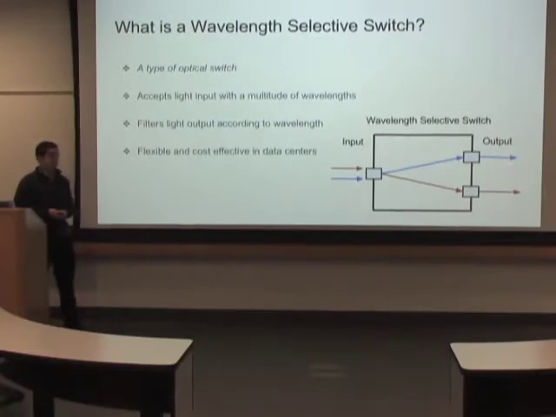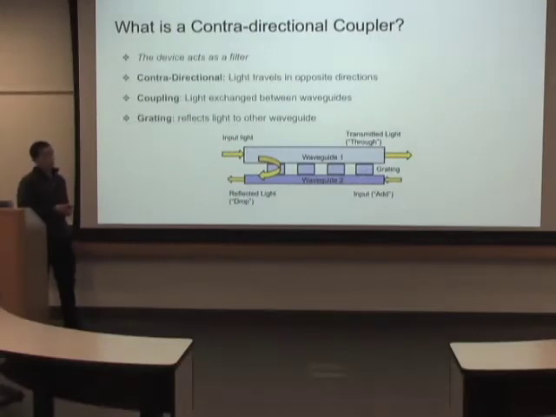And you can use a wavelength selective switch with filters to separate the signals by their correct outputs. This overall is very flexible, and it also is cost effective because instead of having to lay down, say, 10 different fibers to get 10 different wavelengths, you can have all your wavelengths of light in one fiber.